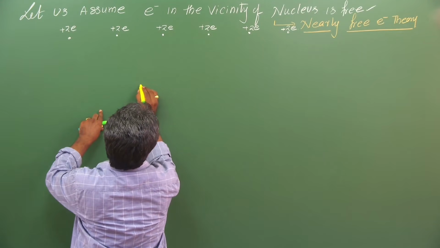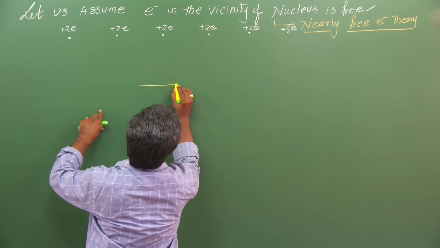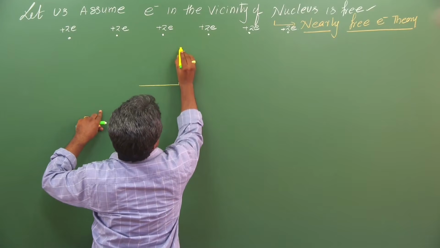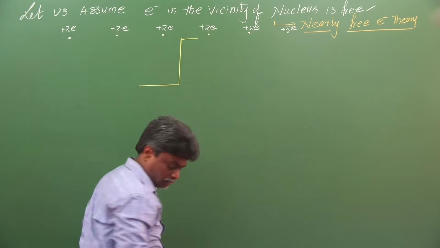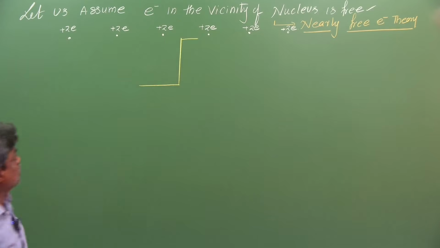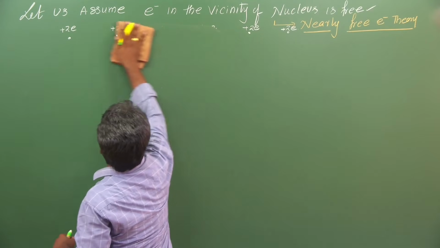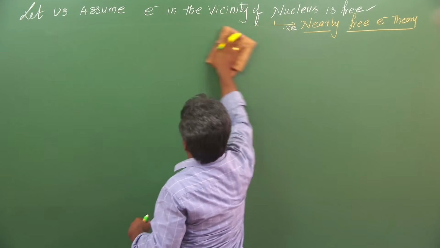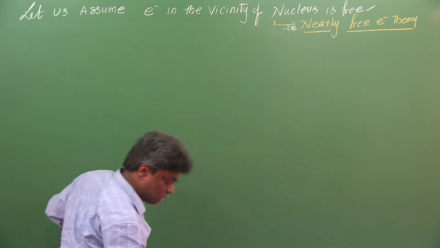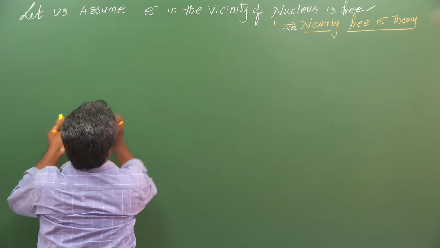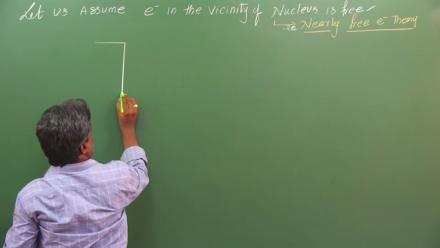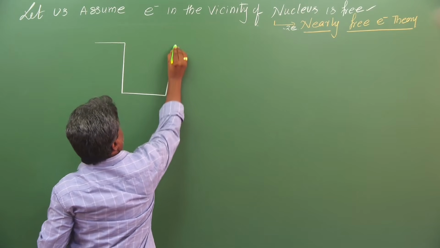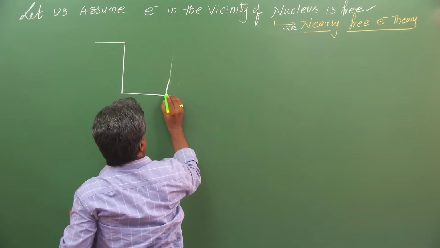Now listen, very important. I am taking the potential well, and after that we have a potential barrier. So in the vicinity of the nucleus we have a potential well.